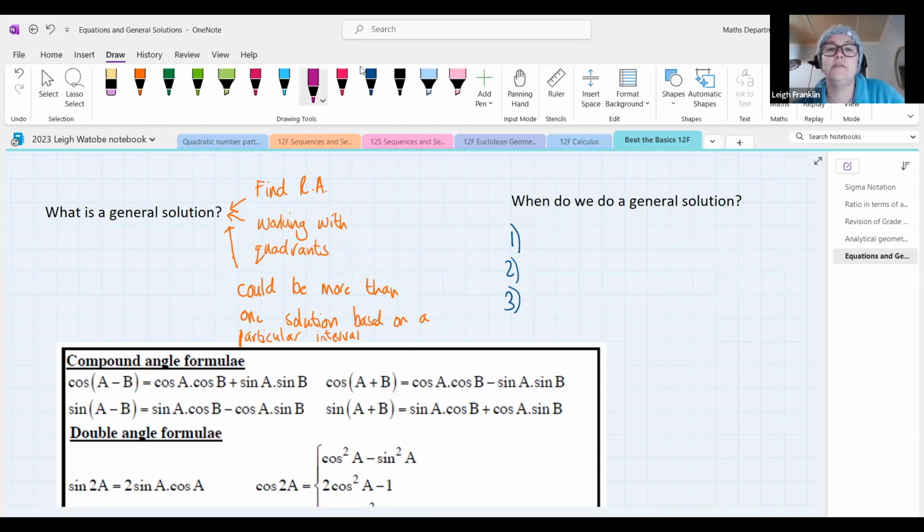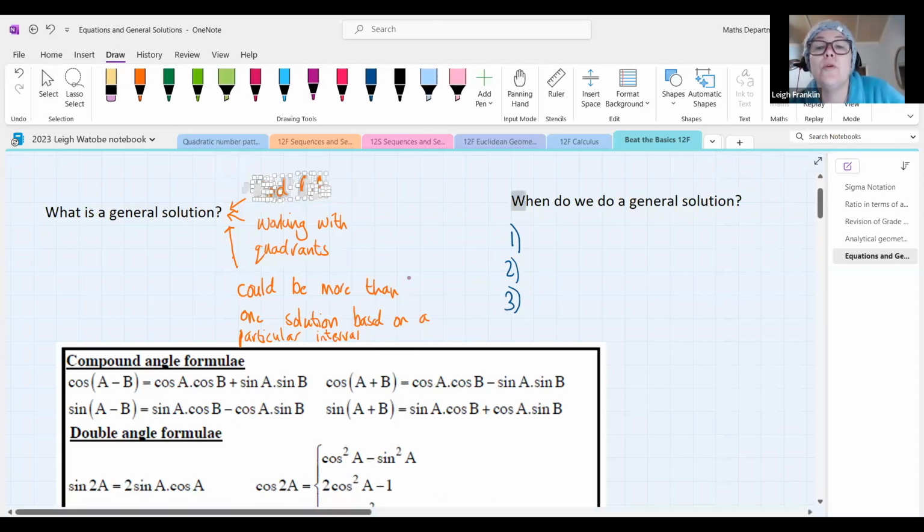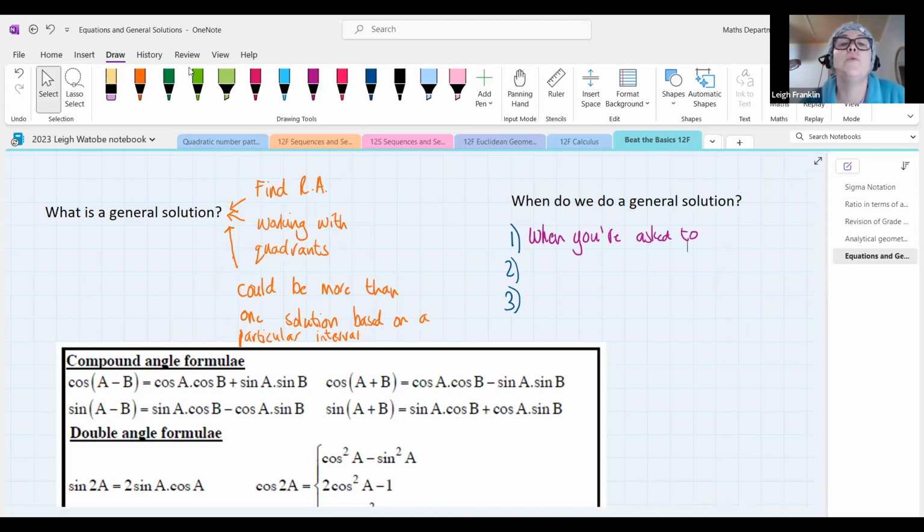Any ideas? Okay, well, I'm going to give you the first one. Number 1, when you're asked to. Because sometimes they say to us, find a general solution, and that's when we're asked to.